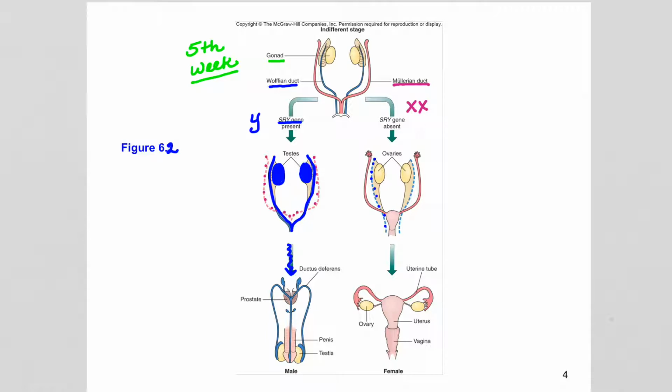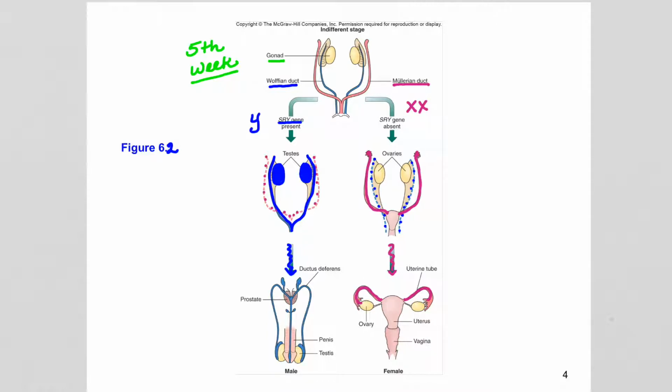So it starts to break down. There are no hormones present to support its further development. So what happens in that case, the Müllerian duct is the one that goes on to respond to the different expression of genes and ultimately be transformed into our uterine duct.